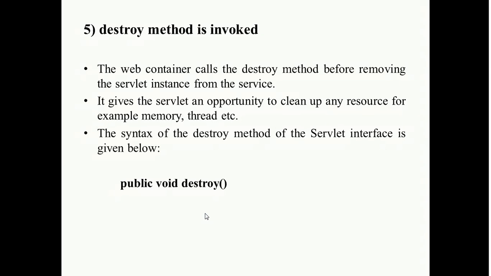It gives the servlet an opportunity to clean up any resources, for example memory, threads, etc. The syntax of the destroy method is public void destroy. So at the end, the web container calls the destroy method for removing the servlet instance from the service.